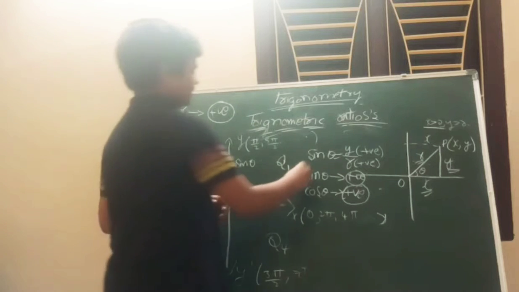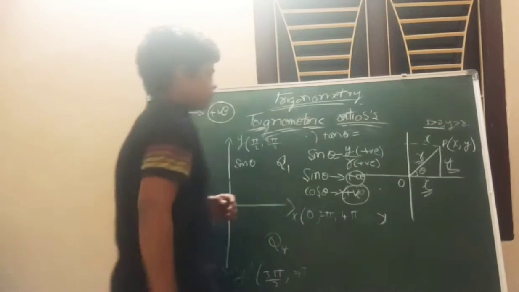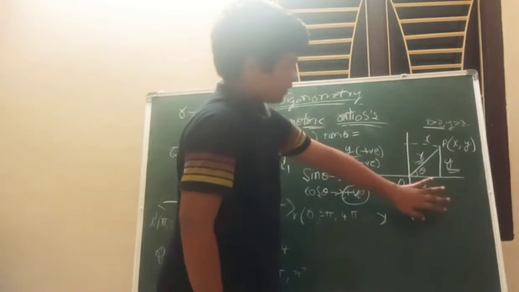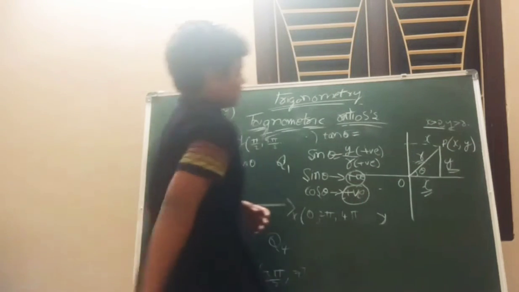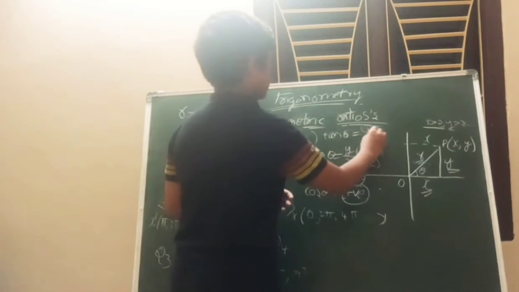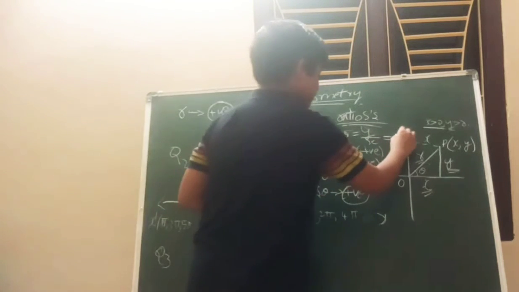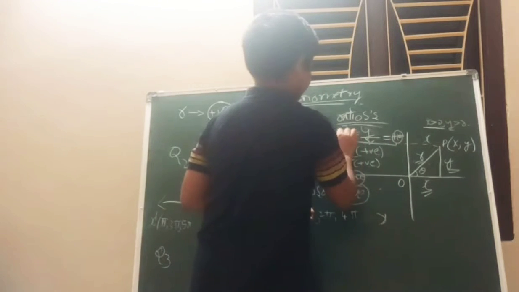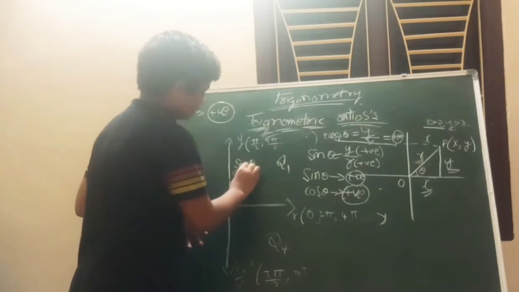The next one is tan theta. Tan theta is the opposite side to theta by the adjacent side to theta. Again x is positive, y is positive, and positive by positive is positive. So tan theta is also positive in quadrant 1.